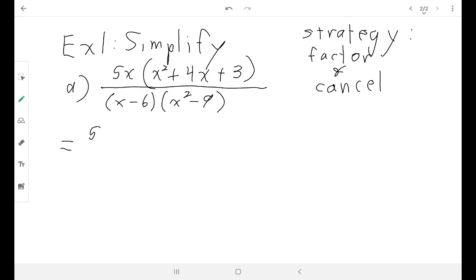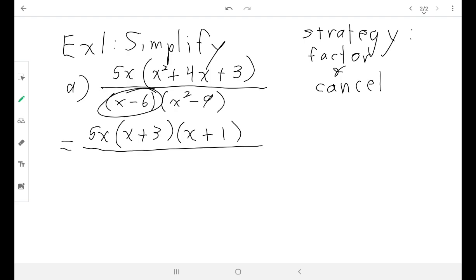As this comes down here, I'll leave the 5x here, and two numbers that multiply to make 3 and add to make 4 are 3 and 1, right? So you get an x plus and an x plus, and it doesn't matter what order I put them in because I have x plus in both. Over, now this one does not factor, so I'll leave it as x minus 6.